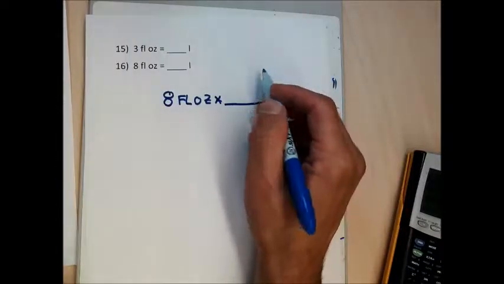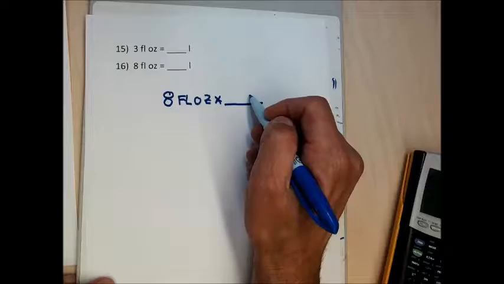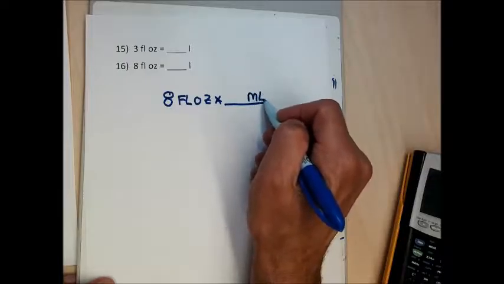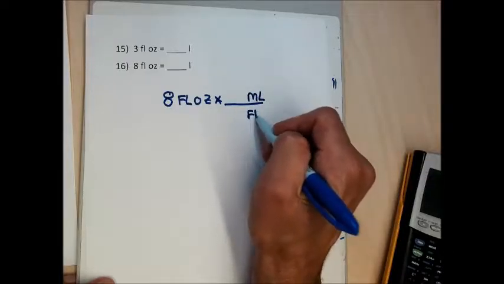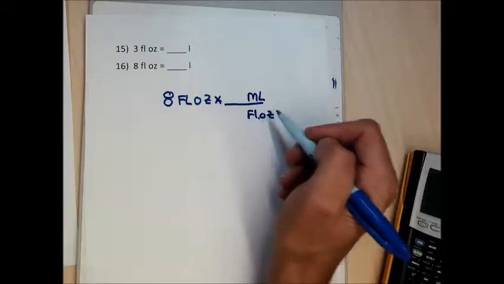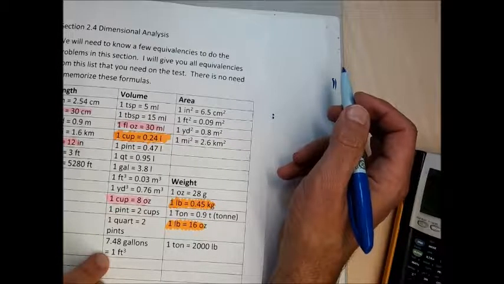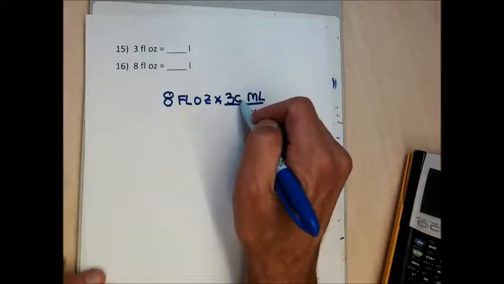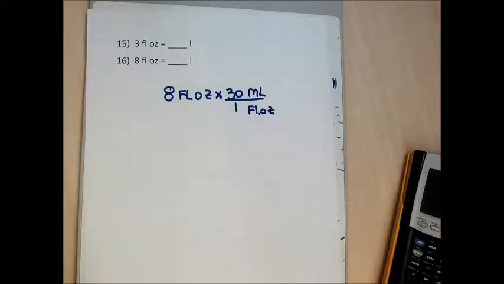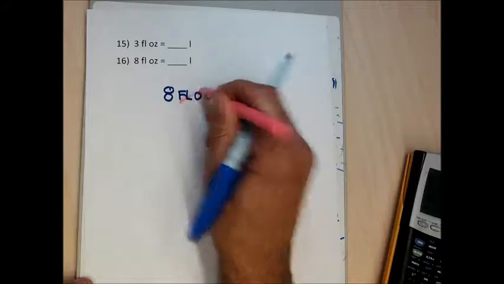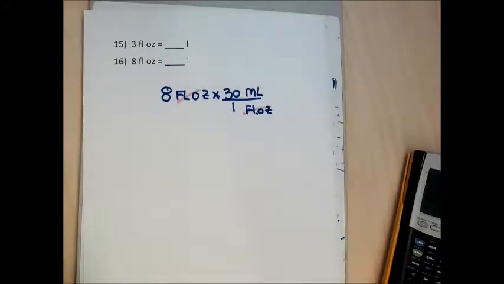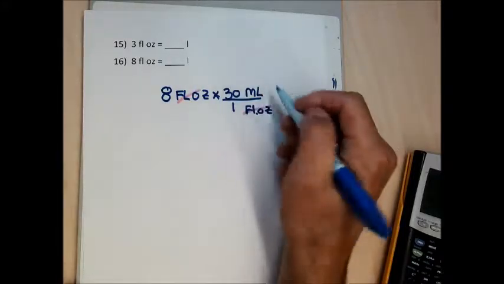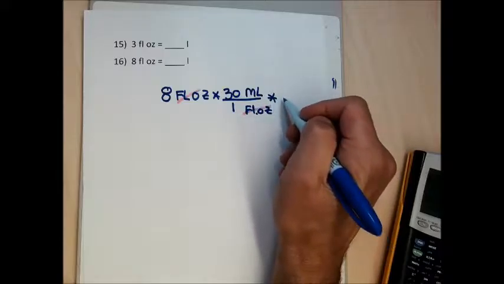So I'm going to change from fluid ounces to milliliters by putting milliliters in the numerator and fluid ounces in the denominator. And then I'm going to put 30 next to the milliliters, 1 next to the fluid ounces. This will get rid of the fluid ounces, but it won't get me into liters.